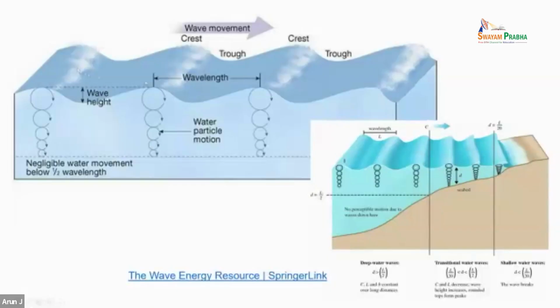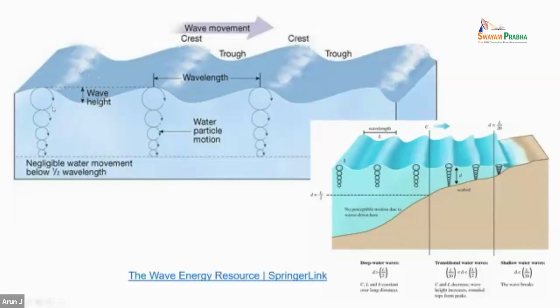And there are some concepts you can see here. This is the wavelength, and another thing is the wave height. The peak part is called the crest, and this is the trough.